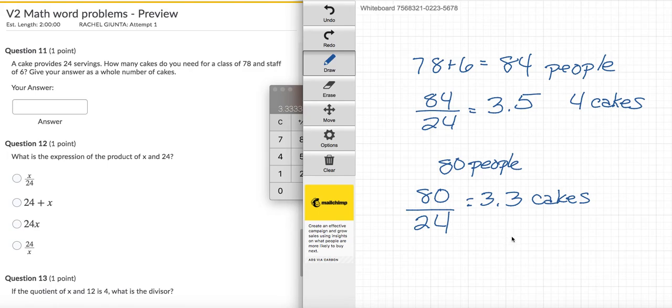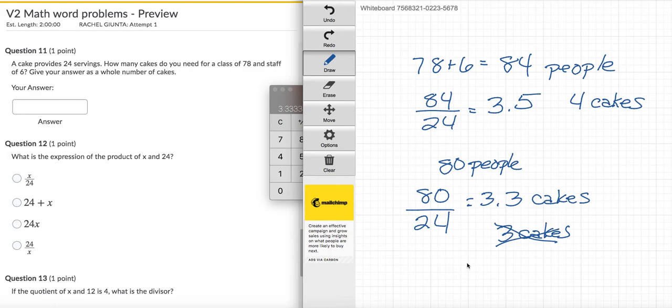But in a different kind of problem, you would say 3.3 rounds to 3, and you want 3 cakes. But don't do that for this problem because then you're going to be short slices of cake for some of the people.